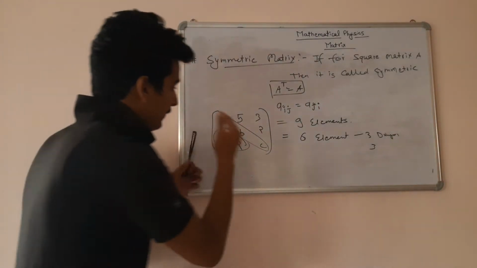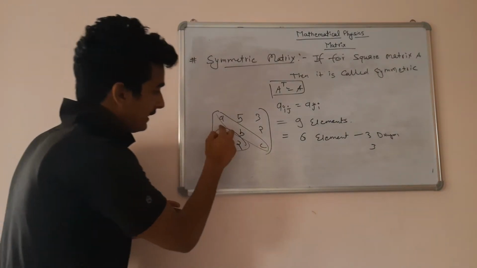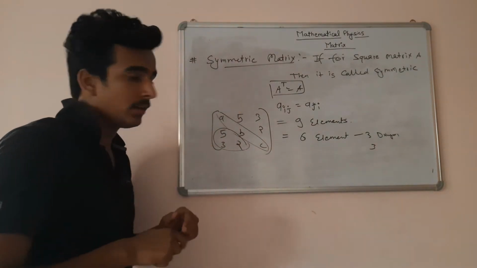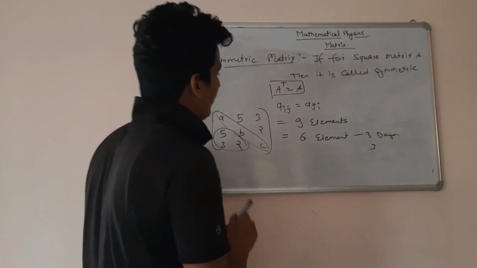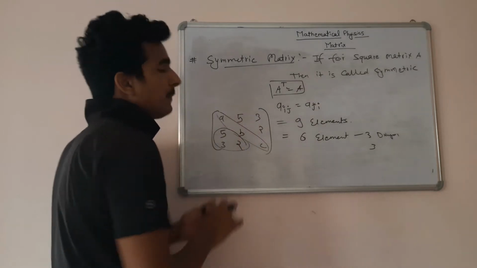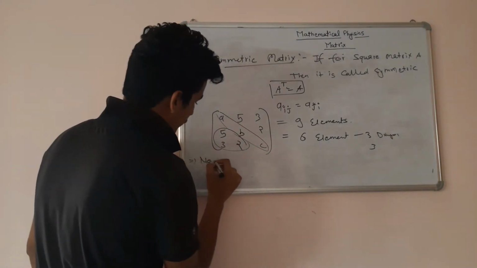The other 3 follow by symmetry, so I have to choose only 6 independent elements.